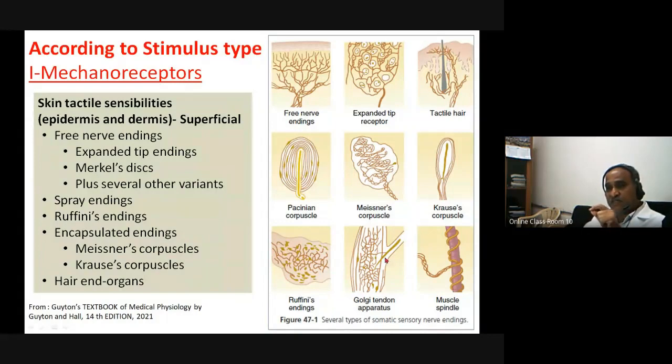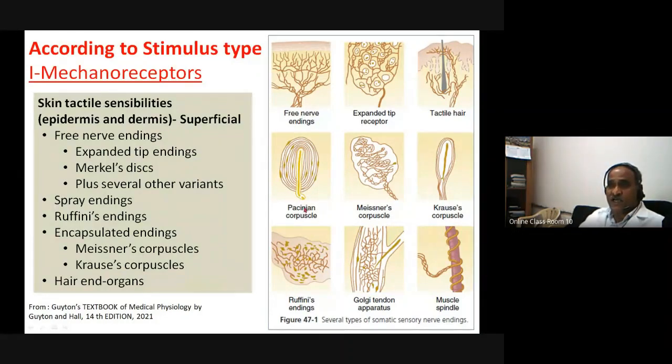These are free nerve endings only, or nerves distributed in a random fashion, as happens in the case of a spray. These two are spray nerve endings: the Ruffini endings and the Golgi tendon organs. Or they may be encapsulated, like this typical onion peel.